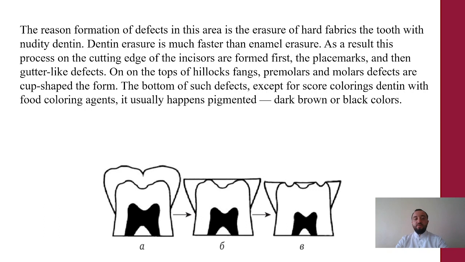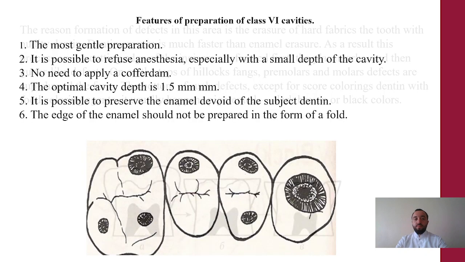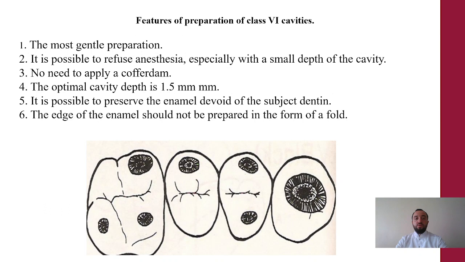The bottom of such defects, except for coloring with food coloring agents, is usually pigmented dark brown or black. Features of preparation of class 6 cavities.